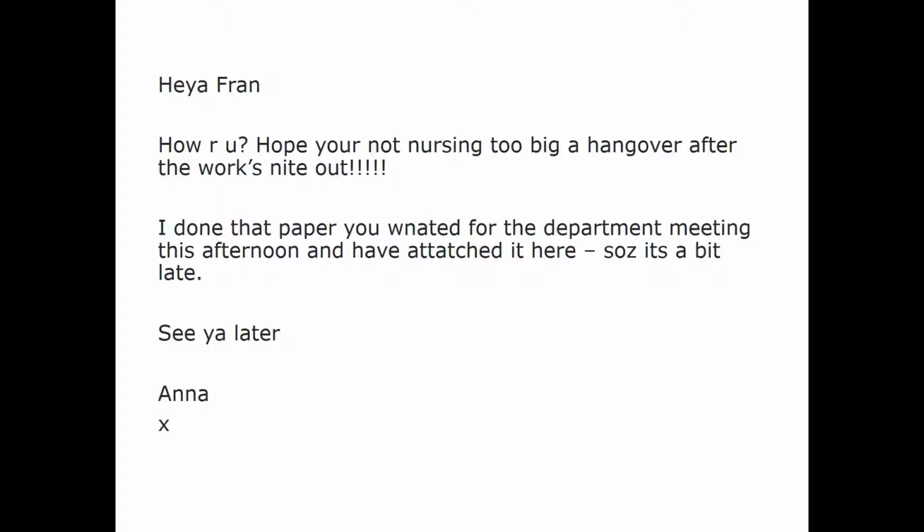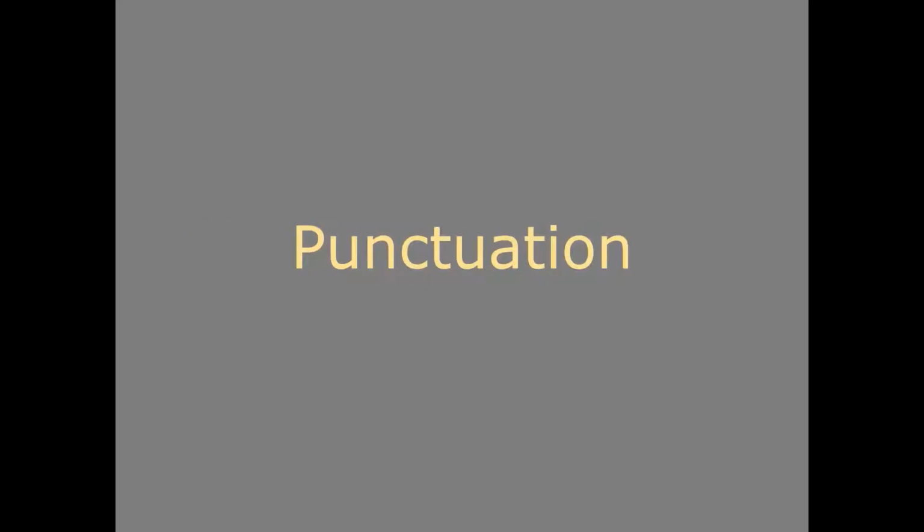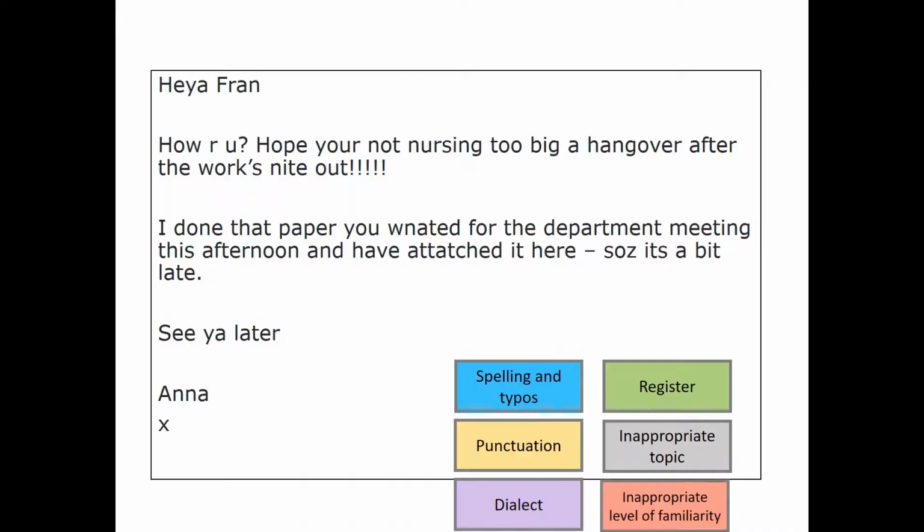How did you get on? Did you come up with some categories? Did you mention any of these? Let's look at the email copy again and highlight where each of these categories comes into play.